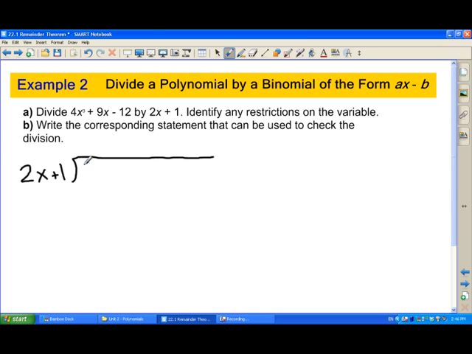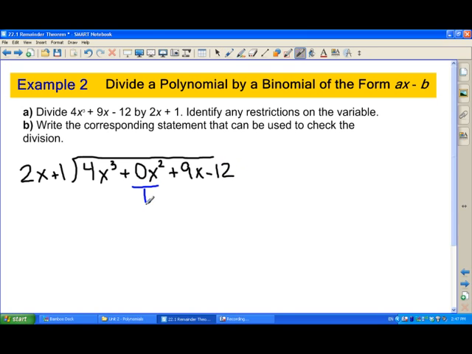And I write my terms in order of descending power, so 4x cubed. And I notice that I'm missing in my polynomial a term raised to the power of 2. So I need to make sure that I add that in. I need a placeholder. So I add in 0x squared, and I continue plus 9x minus 12.